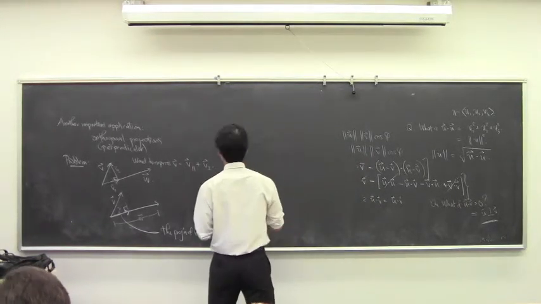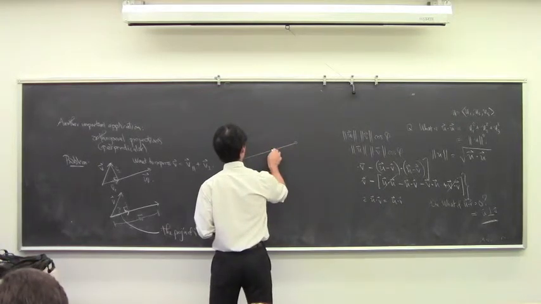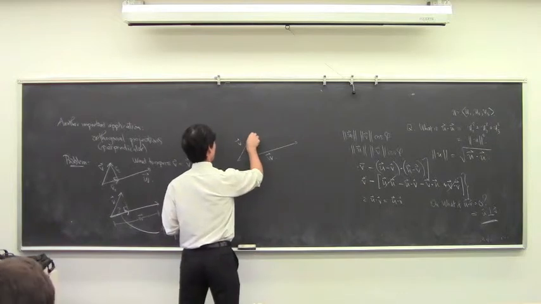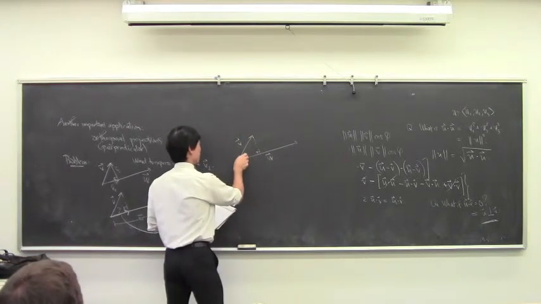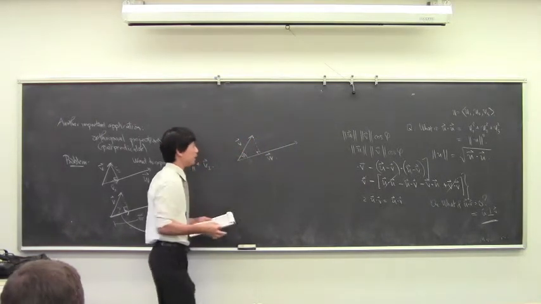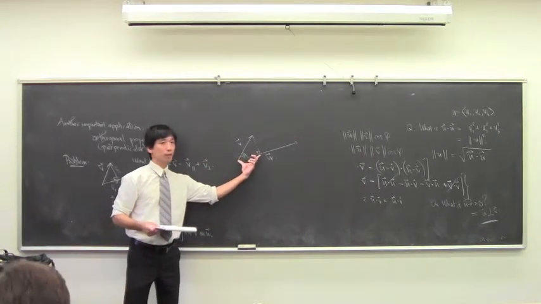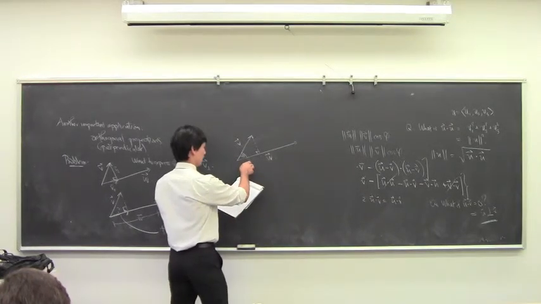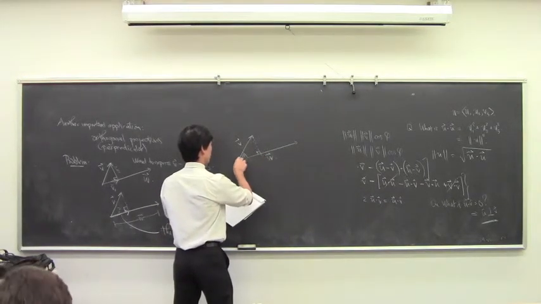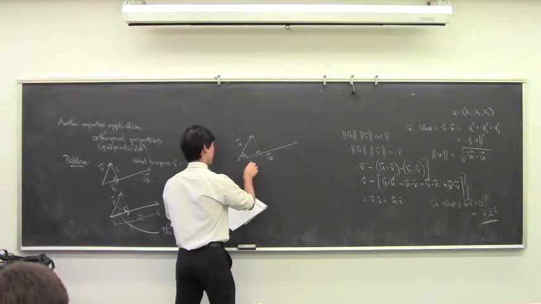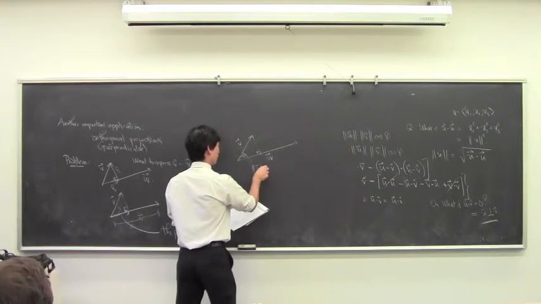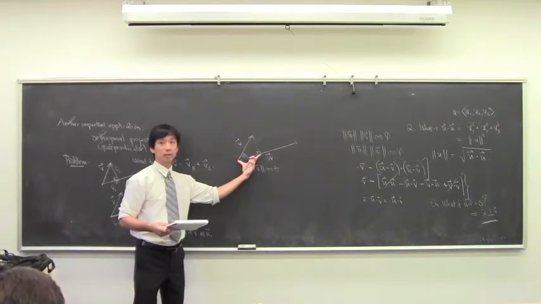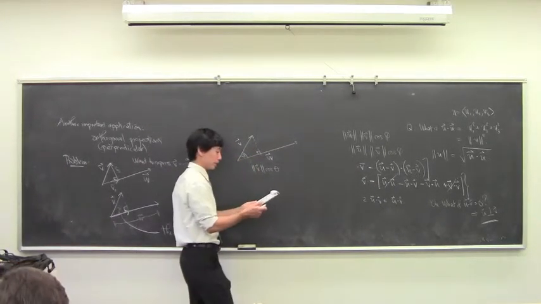Okay. Well, using what we just saw, we can figure this out. So you think, right, if this angle is theta, then V times the cosine of theta, this is the, how should I say this?